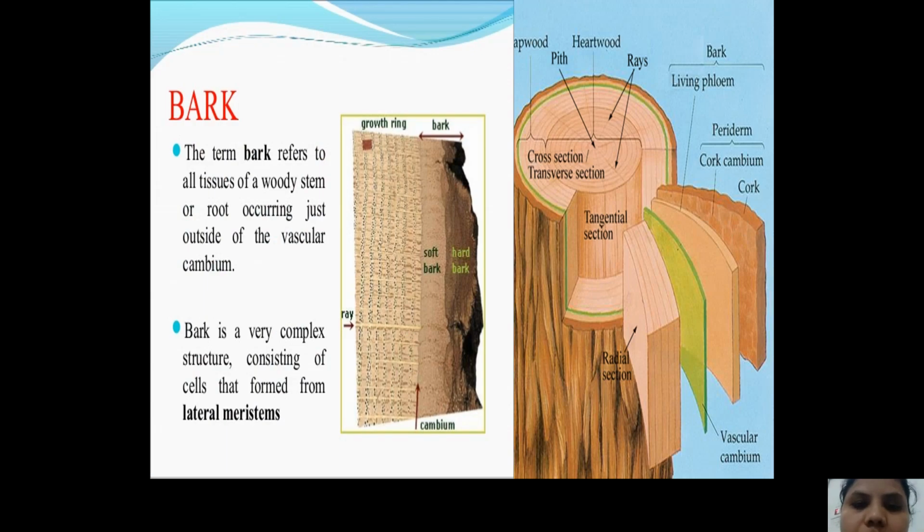Now, here, next, is the combination of layers consisting of all the layers above the vascular cambium. Here you can see the soft type and hard type of bark. Soft is the first formed one, hard is the later formed one.